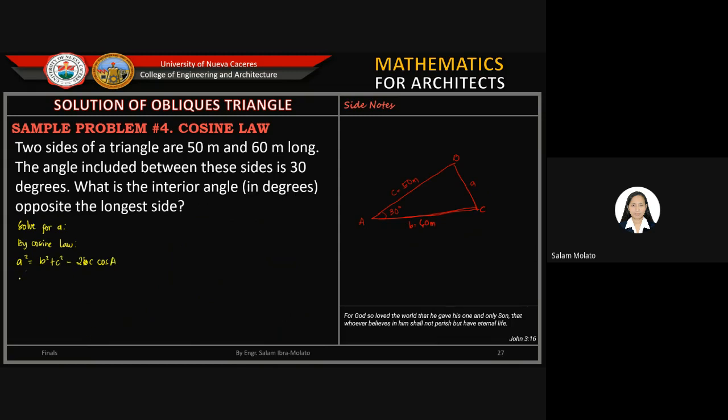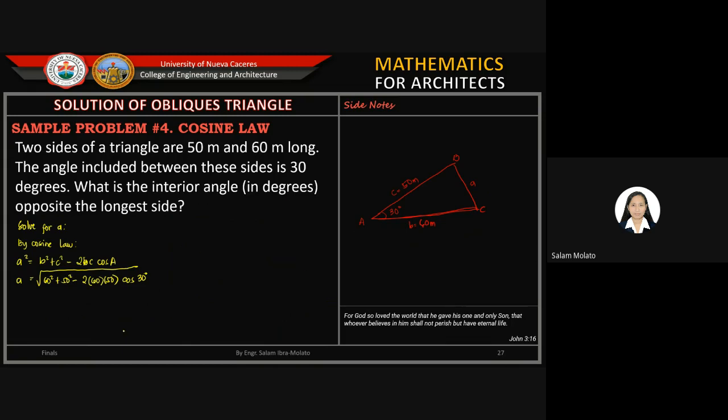So getting the square root of both sides, we have A is the square root of B, B is 60 squared, C is 50 squared minus 2 times 60 times 50 cosine A, which is 30 degrees. All right.